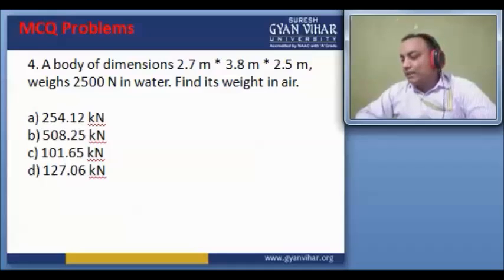The four answers given are: 255.12 kilonewton, 508.25 kilonewton, 101.65 kilonewton and 127.06 kilonewton. So option A is the correct answer for this question, right?